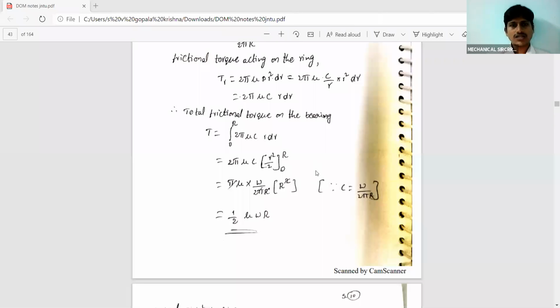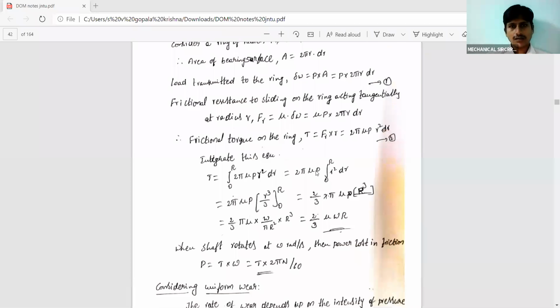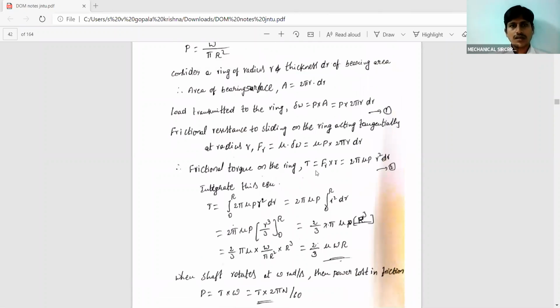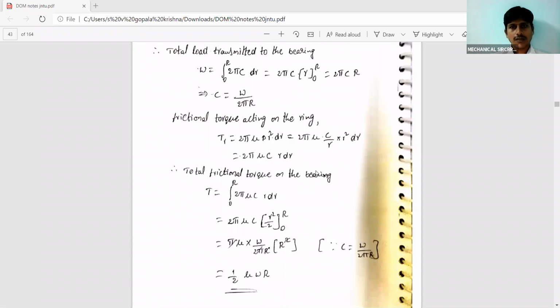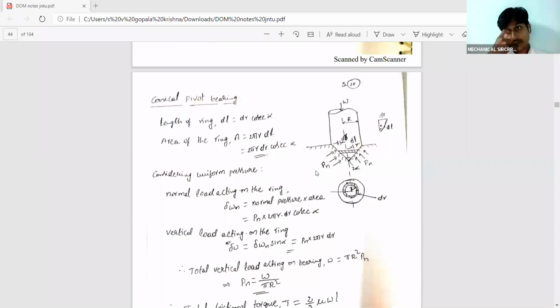How we take the frictional torque on the ring, the load on the ring, and the frictional torque on the bearing, just observe that. This is today's lecture.